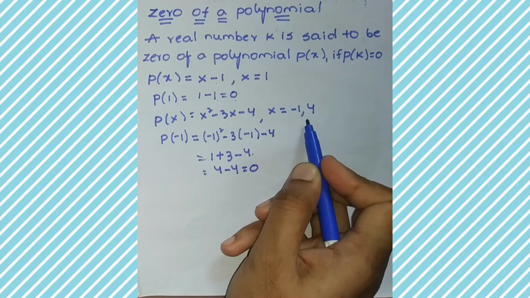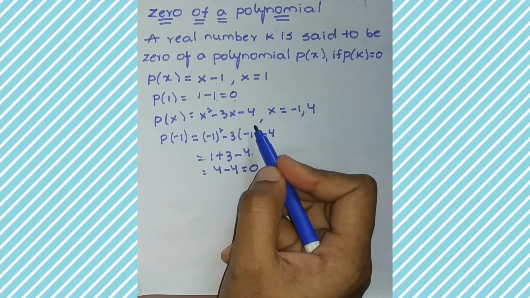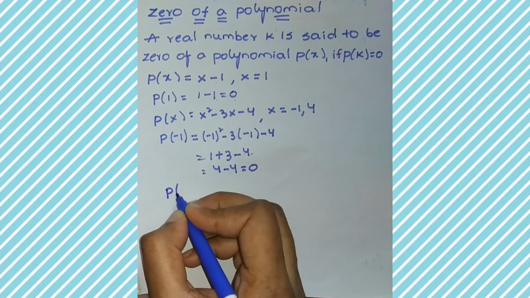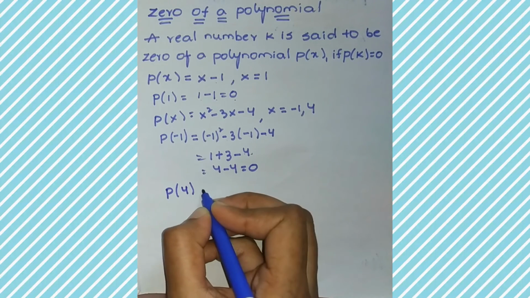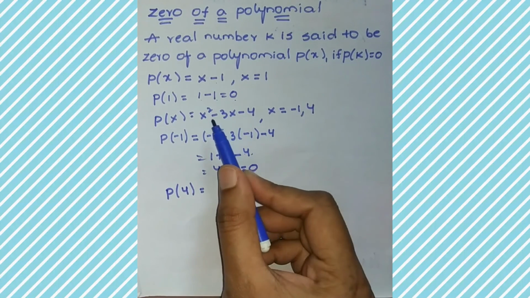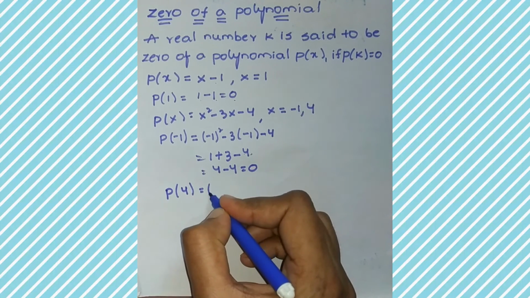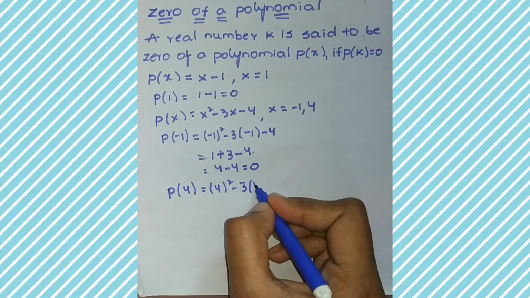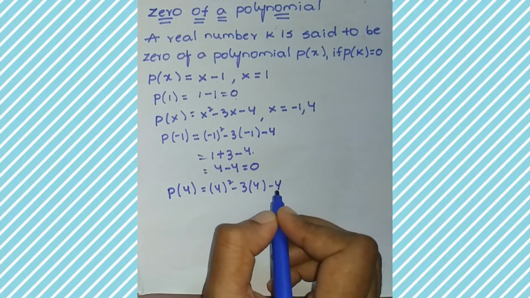Now let's check whether 4 is a zero of the polynomial or not. Now substitute p(4). Substitute 4 in place of x. So we get 4² − 3(4) − 4.